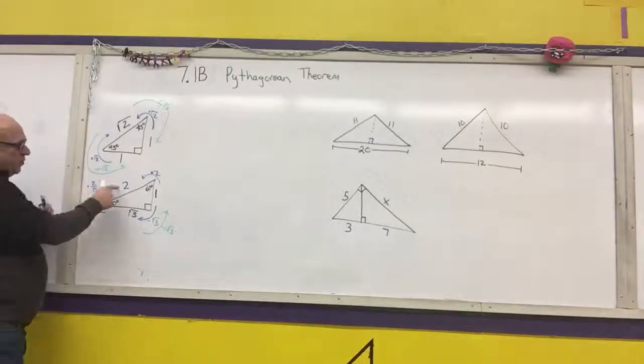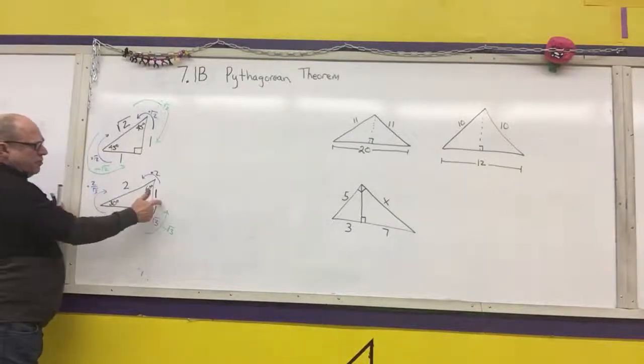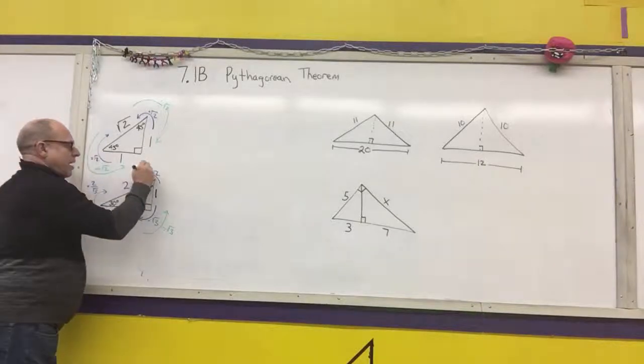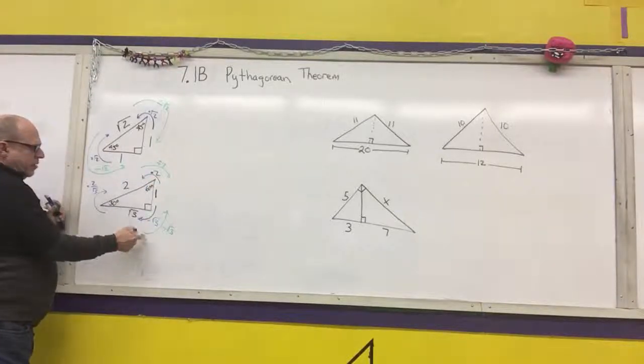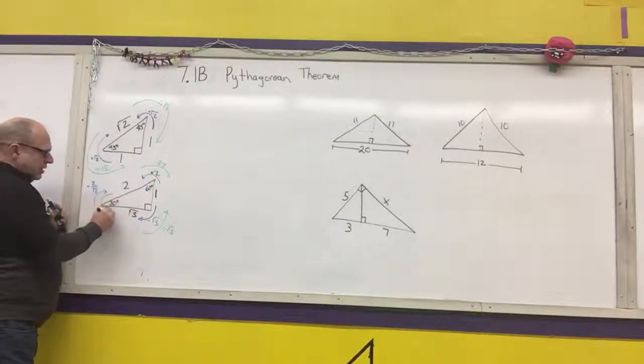Similarly, if I want to go from the hypotenuse to the long side, I always go through the short side. I do that by dividing by 2 and then multiplying by the square root of 3. So if you want to do it in one shot, you would multiply by the square root of 3 over 2.